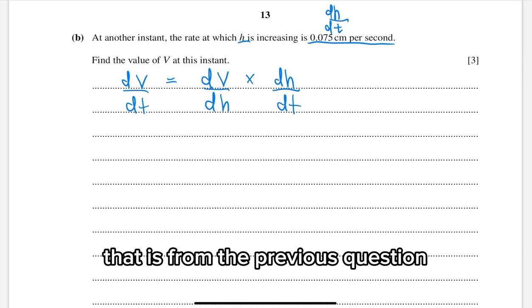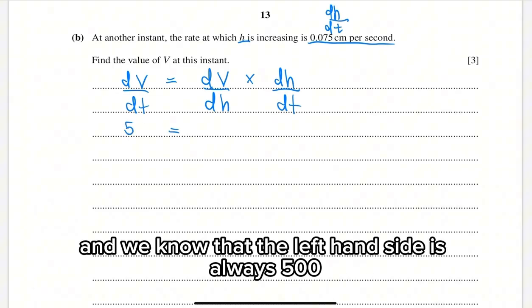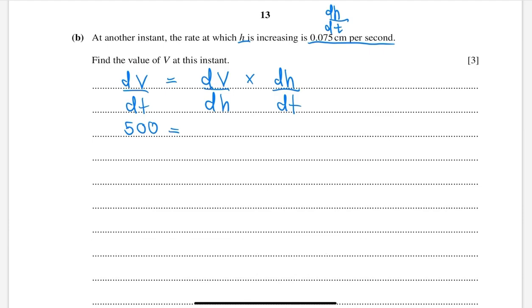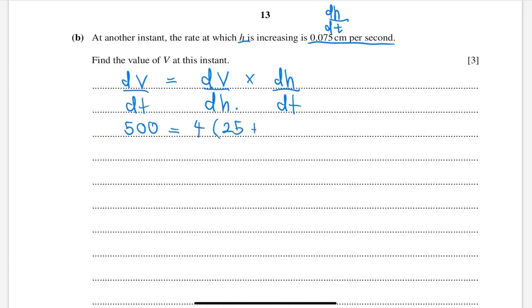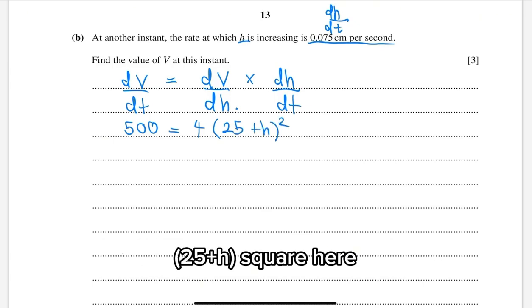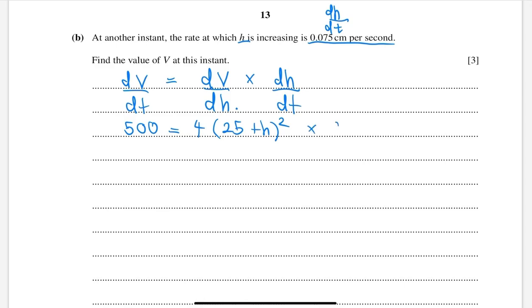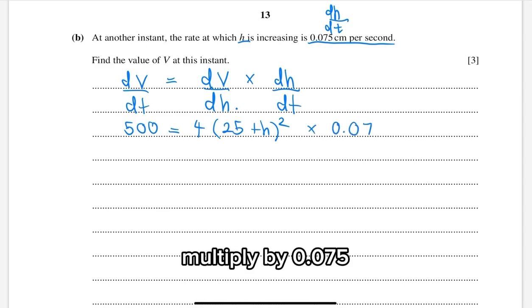That is from the previous question, and we know that the left hand side is always 500, and the rate of change here is equal to 4(25 plus h) squared multiplied by 0.075.